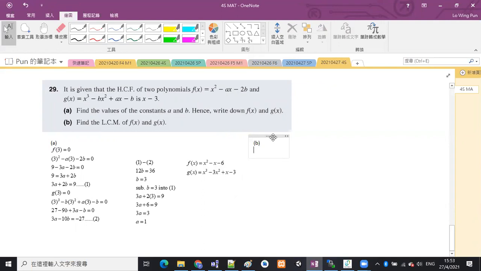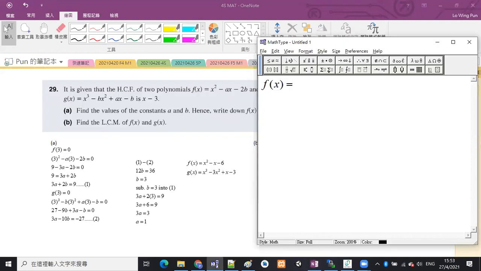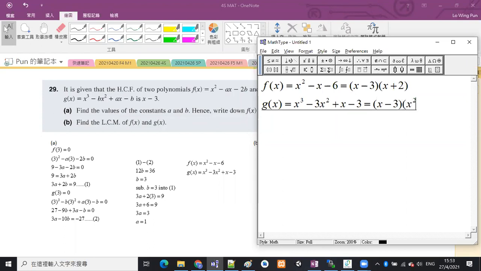Okay, and then for part B, we want to find the LCM of fx and gx. So we need to factorize fx and gx separately first. But we know that both of them have a common factor of x minus 3, right? Okay, so fx will be x minus 3 times x plus 2, and then gx factorizes to be, let me see, x minus 3 times x squared plus 1.